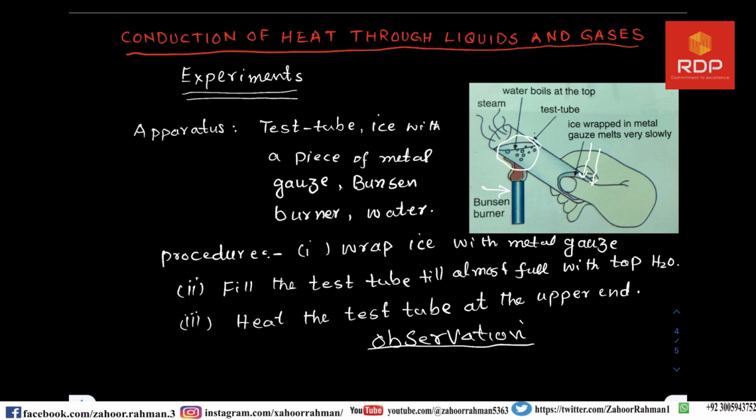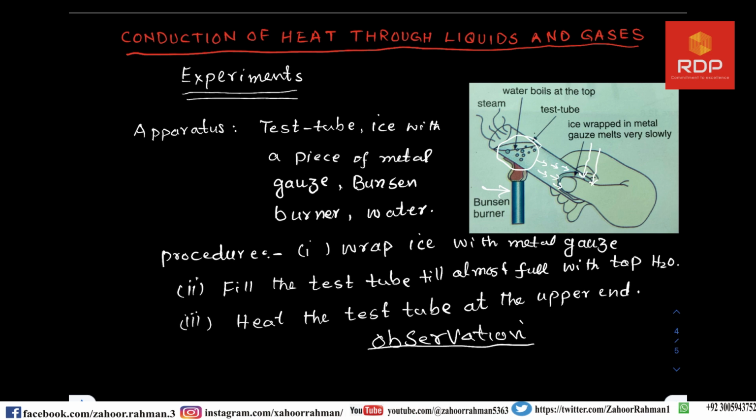The ice wrapped in the piece of metal gauze will melt very slowly, because heat will conduct through the water and reach the ice, and that is a slow process. So when heat reaches the wrapped ice, it will start melting, but very slowly.